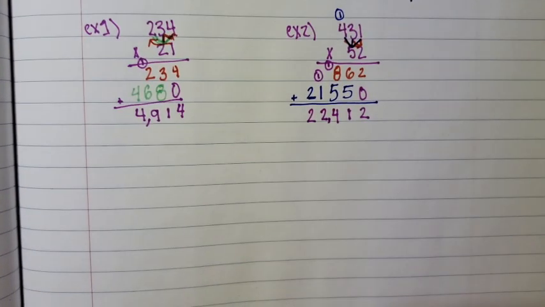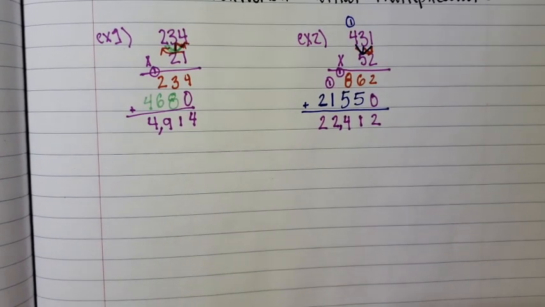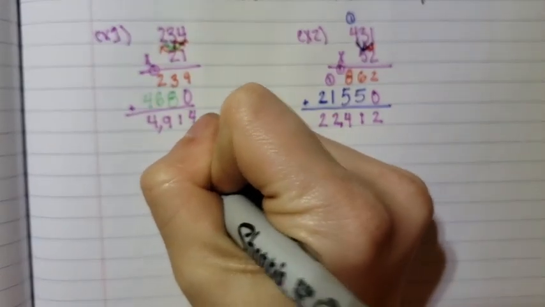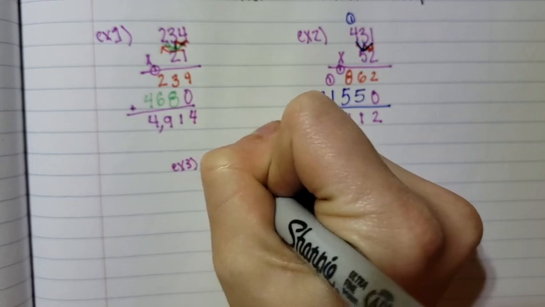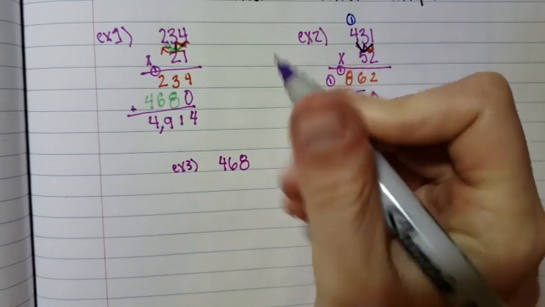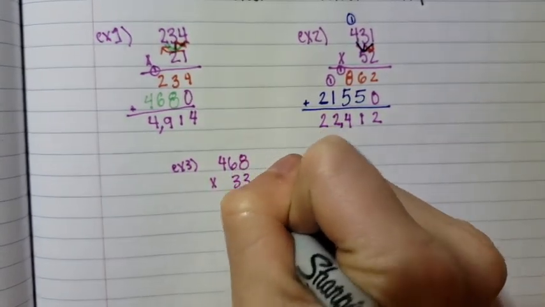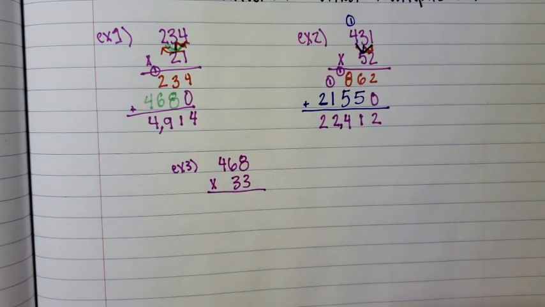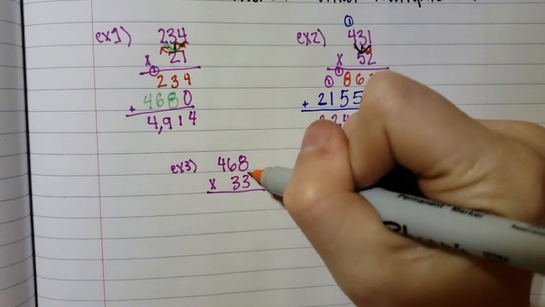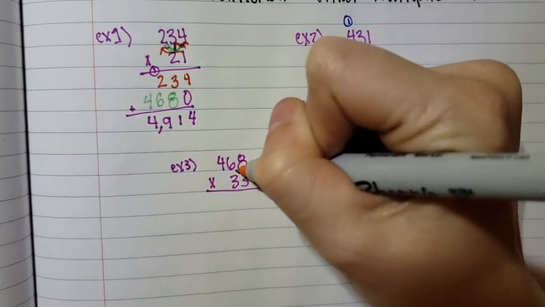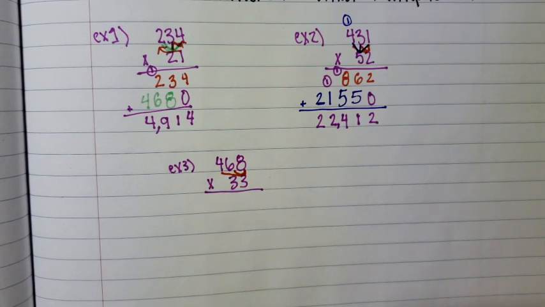Now for the last example that we are going to do, I'm just going to go right down here, and we are going to do 468 times 33. So again, we are going to be multiplying your 3 by 8, your 3 by 6, and your 3 by 4.